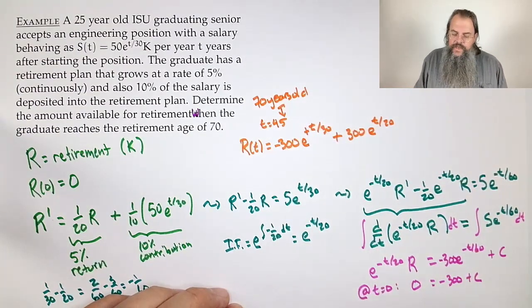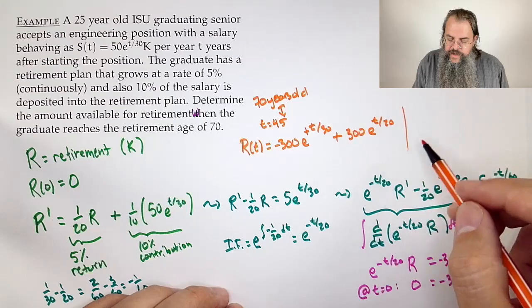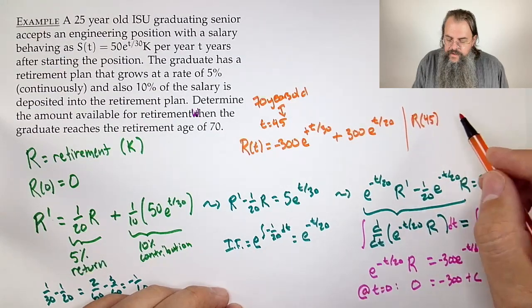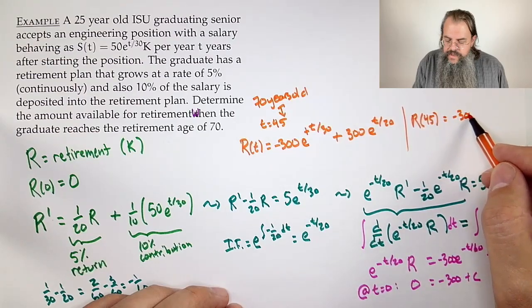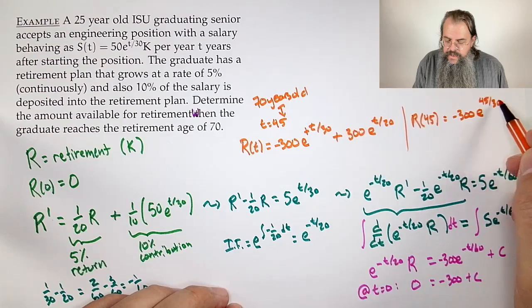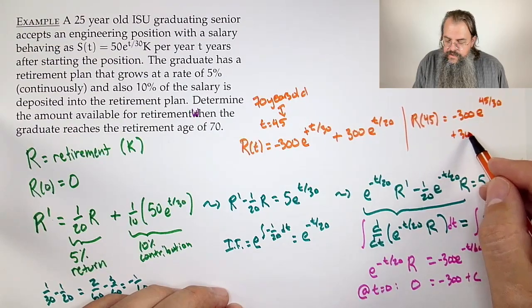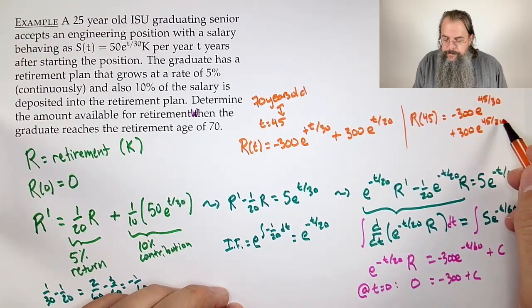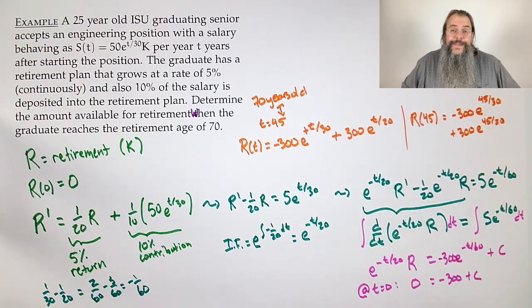And so we say, okay, great. Our retirement at age 45 would be minus 300 e to the 45 over 30, and then plus 300 e to the 45 over 20. All right, is that good?